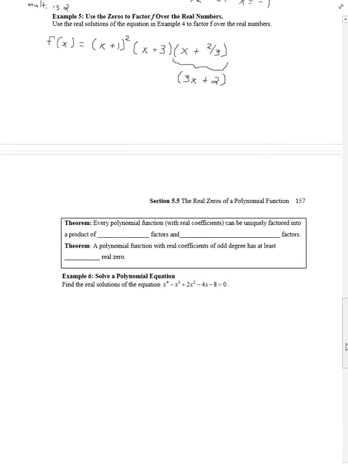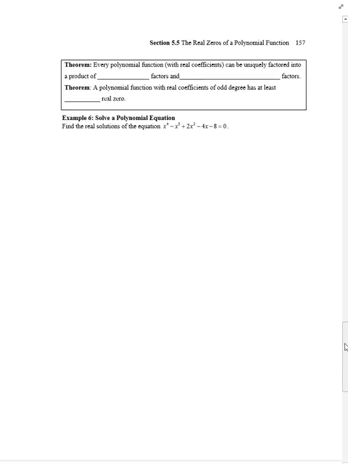Alright, moving to the next page. We have another theorem. And this theorem says that every polynomial with real coefficients can be uniquely factored into a product of linear, which is first degree, factors, and irreducible quadratic factors.